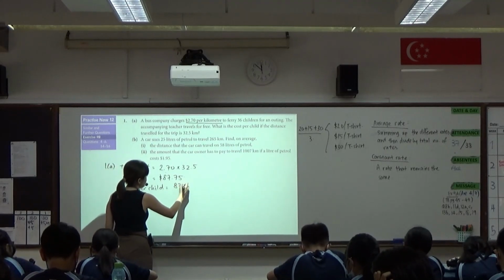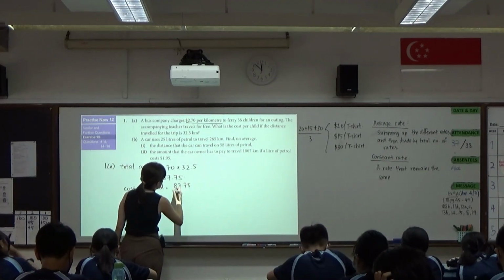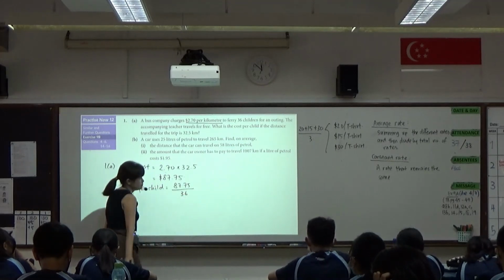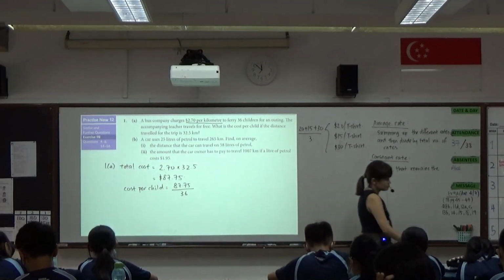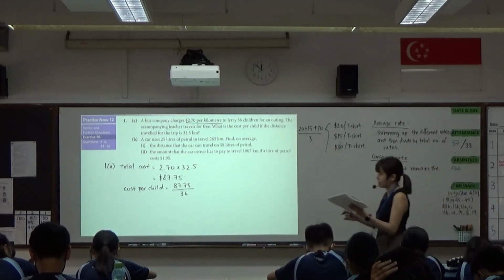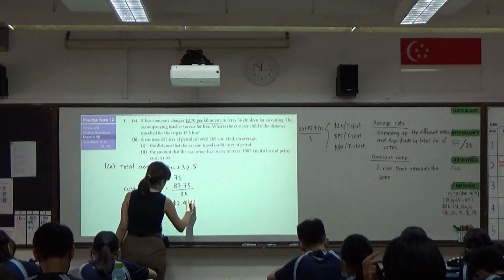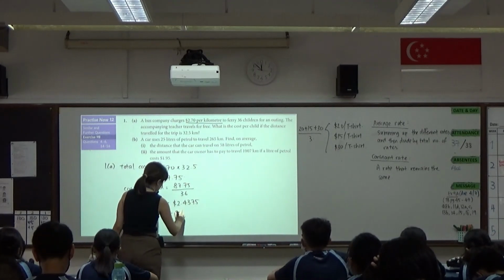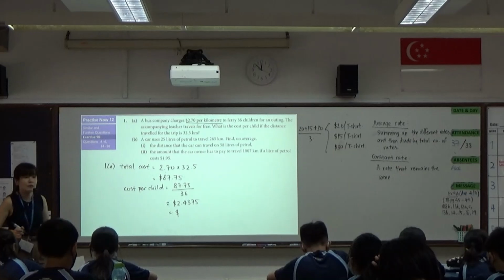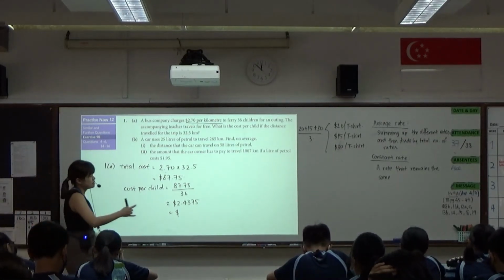That will be 87.75 divided by 36 children, and that will give us 2.4375. And for money, what is the accuracy that we always want? 2 decimal places, nearest 1 cent.